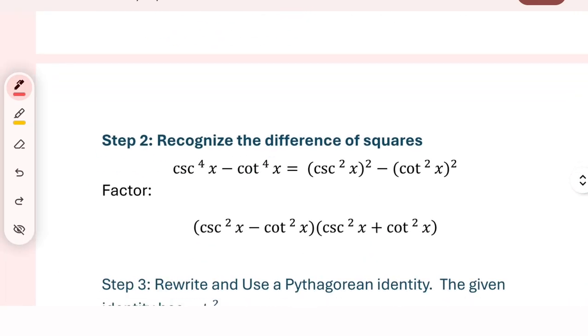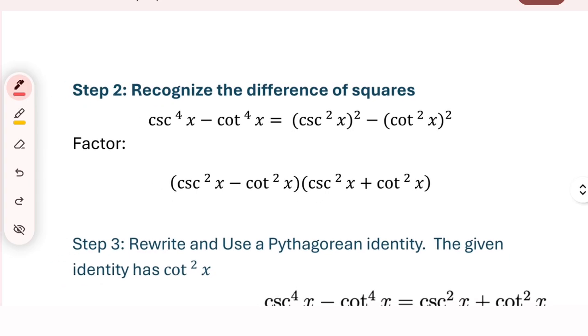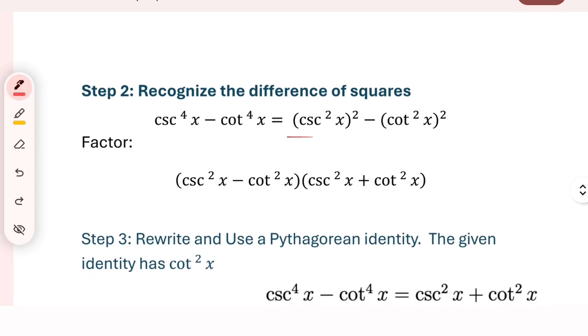Instead of to the fourth, we will write it as cosecant squared, squared, minus cotangent squared, squared. We can even write this in terms of these factors: cosecant square x minus cotangent square x times cosecant square x plus cotangent square x.